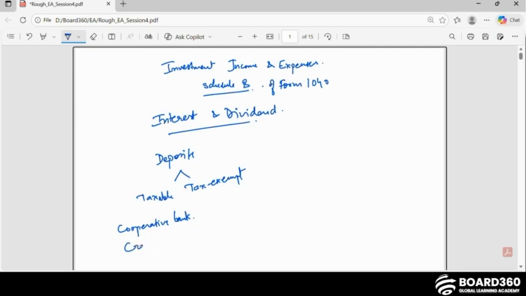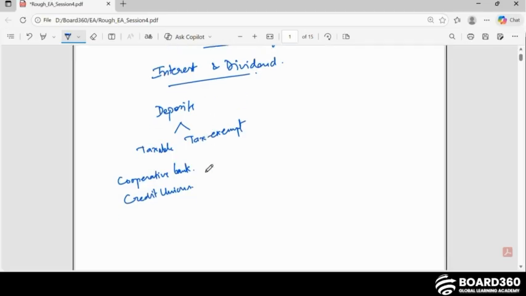Same way with credit unions. If you have a share account in a credit union, whatever amount you get is generally called a dividend, but is treated as taxable interest, right? And maybe like mutual savings accounts.